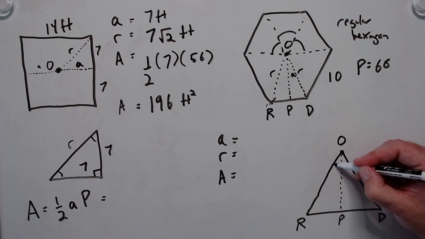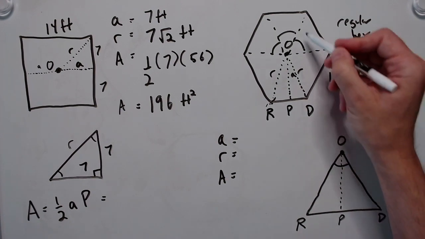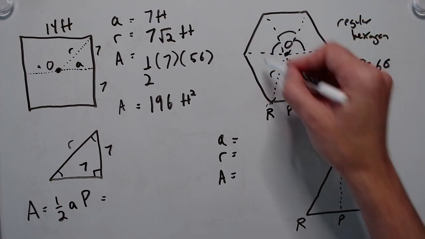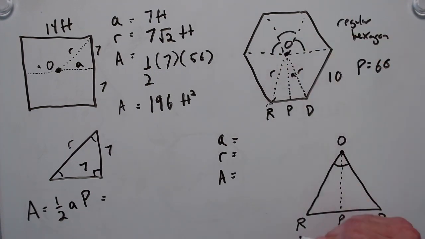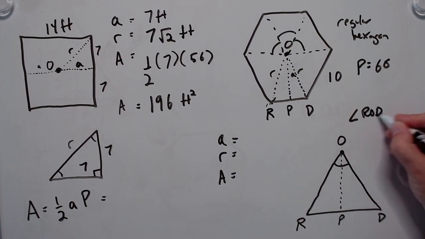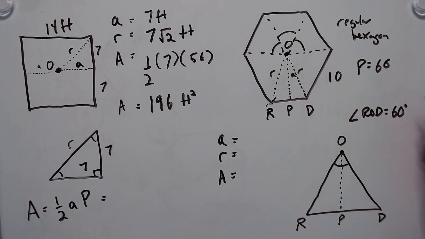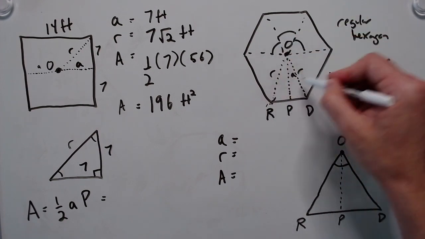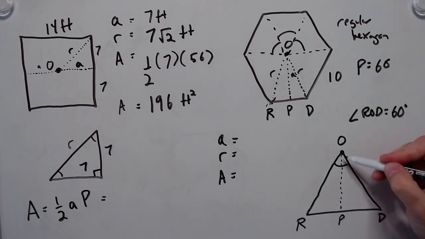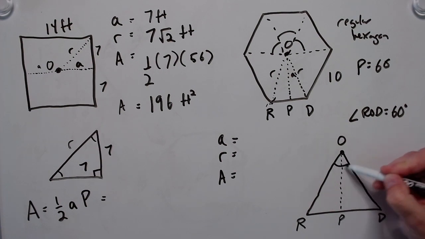I'm looking at this angle right here, right? So we got 360 degrees all the way around, and there's 6 of these pizza slices. So this angle here, angle ROD, has to equal 60 degrees. 60 all the way around times 6 would be 360 degrees. We also learned that this apothem will bisect this angle.